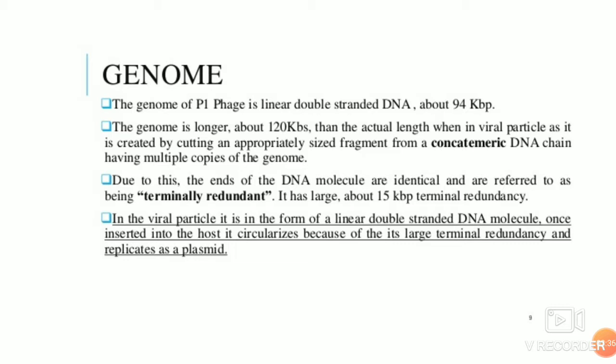Due to this, the ends of the DNA molecule are identical and are referred to as being terminally redundant. Terminal redundancy as large as 15 kilobase pairs can be seen.